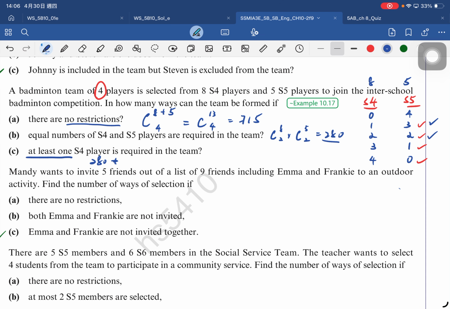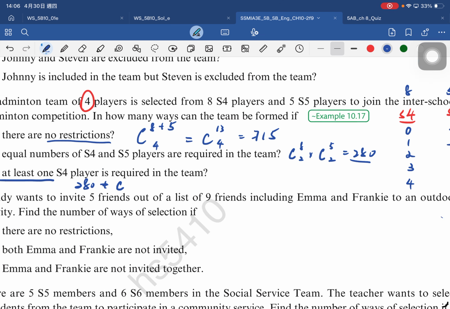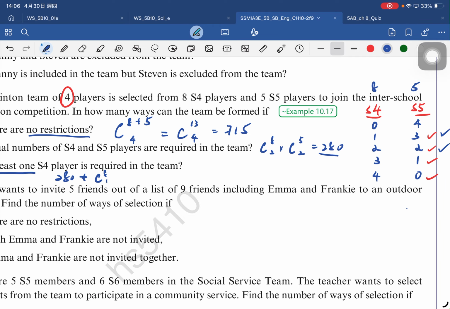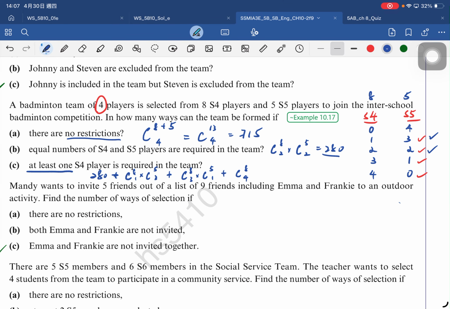This one should be, I enlarge it, 8C1 times 5C3, and then 3 S4 and 1 S5. Last one, you can find that all are S4, but no S5. S5 you need not consider. So add these 4 cases together, and this is the total number of teams that can be formed. You add them, and this is the answer.